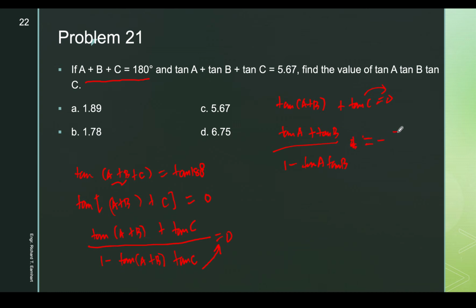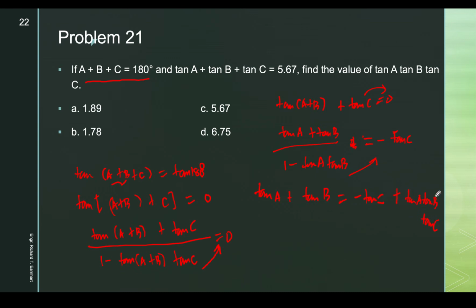Okay, so negative tangent of C. Okay, and then we cross multiply here, so I get here tangent of A plus tangent of B, and then cross multiply here, so I get negative tangent of C here times 1, and then minus minus, so that gives you a plus, then the product of tangent of A, tangent of B times tangent of C.